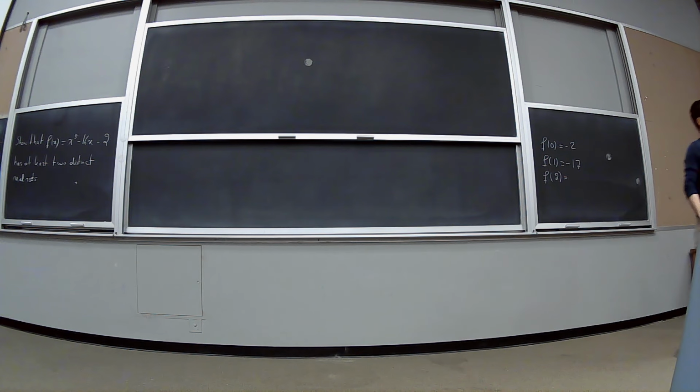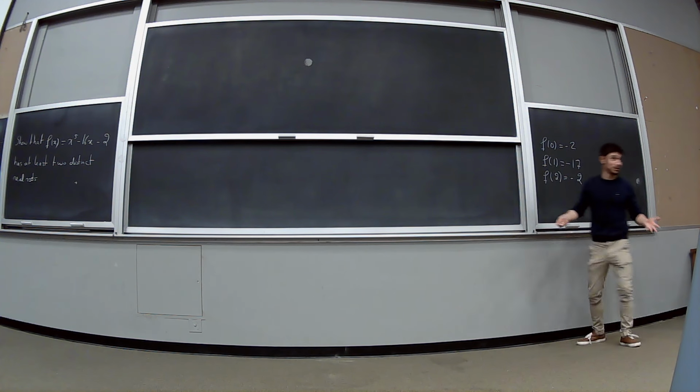What's f of 2? It's 2 to the 5, which is 32, minus 32 minus 2. So we're still at minus 2.